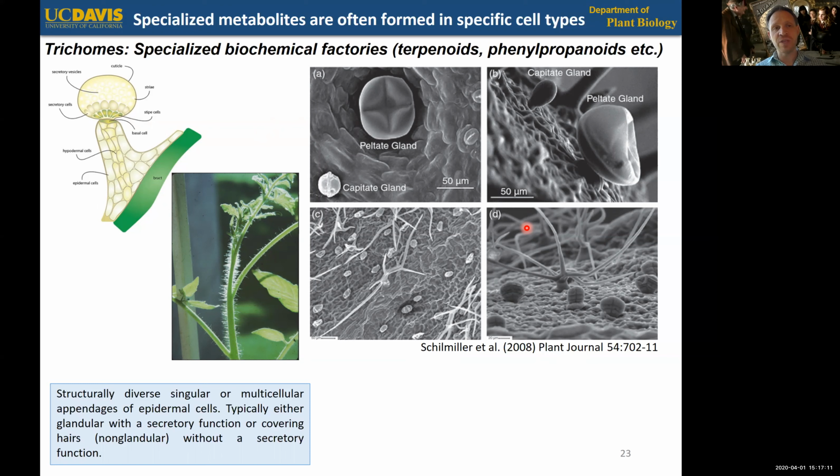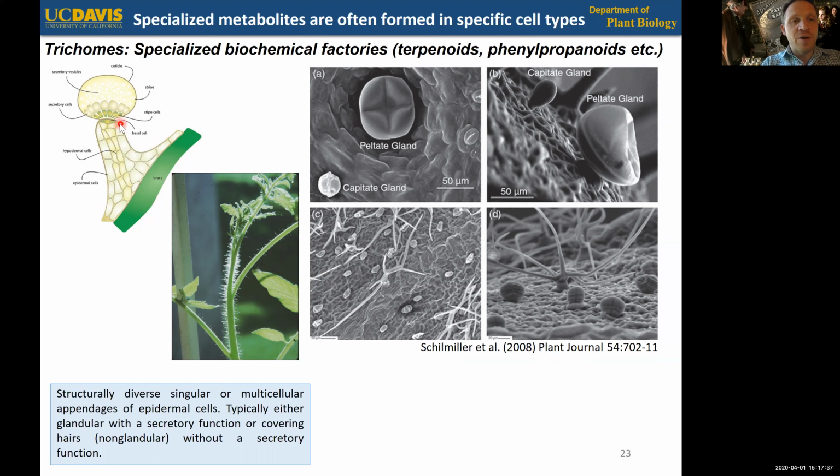One of these tissues or organs are trichomes. These are essentially small multicellular appendages of the epidermis. You have a number of epidermal cells here forming this stipple, where you have a small branch coming off the epidermis.